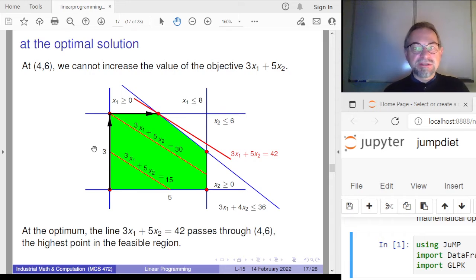Now you can see that I misspoke in the beginning about the uniqueness. If you would start to change the 5 into a 4, then you would have an entire line segment of optimal solutions, because then the objective function would be parallel to one of the constraints.